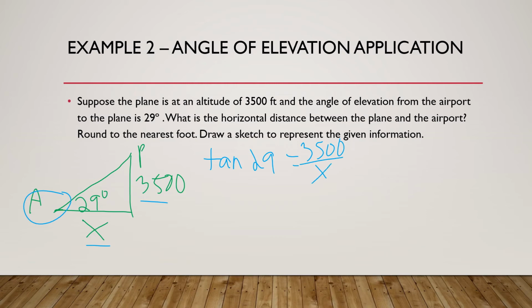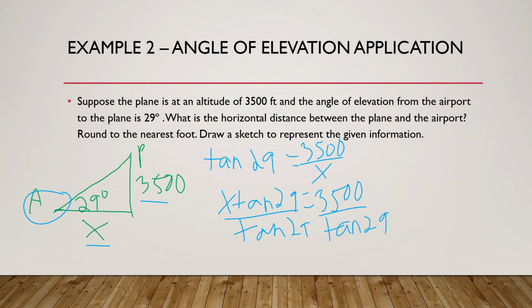Then I would cross multiply, so I'd have x times the tangent of 29 is equal to 3,500. Divide both sides by the tangent of 29, and I would get that x is equal to 6,314 feet.